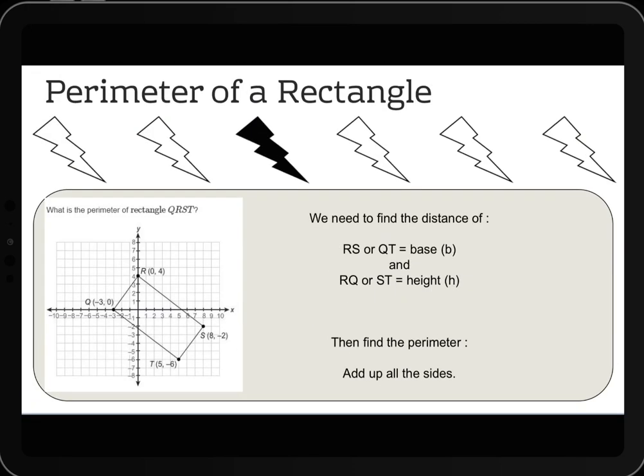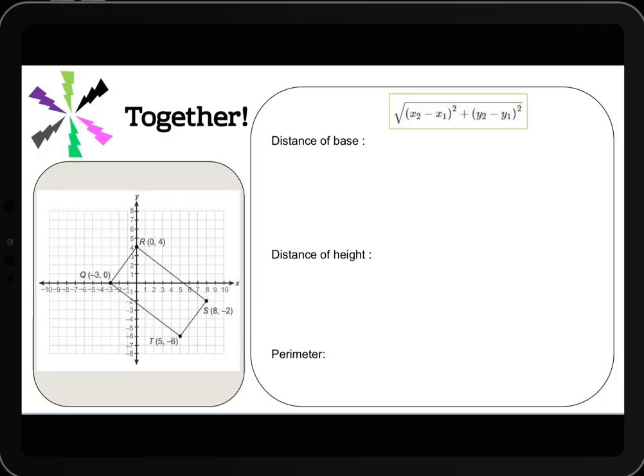So looking at this example right here, we need to find the distance of RS or QT or RQ or ST, and we find the perimeter and add up all of those sides, right? So in order to do that, we want to first target one of our particular lengths. I'm going to go ahead and focus on doing QT in this case.